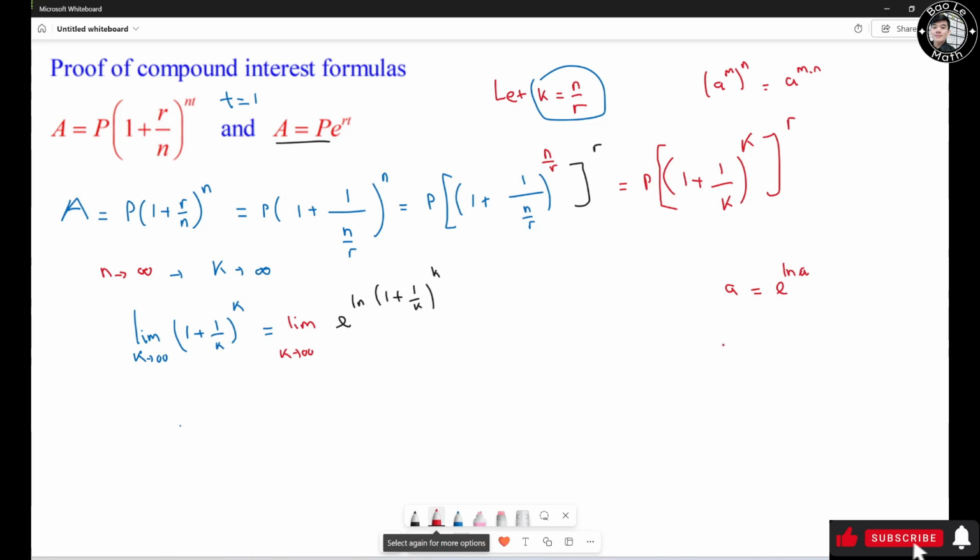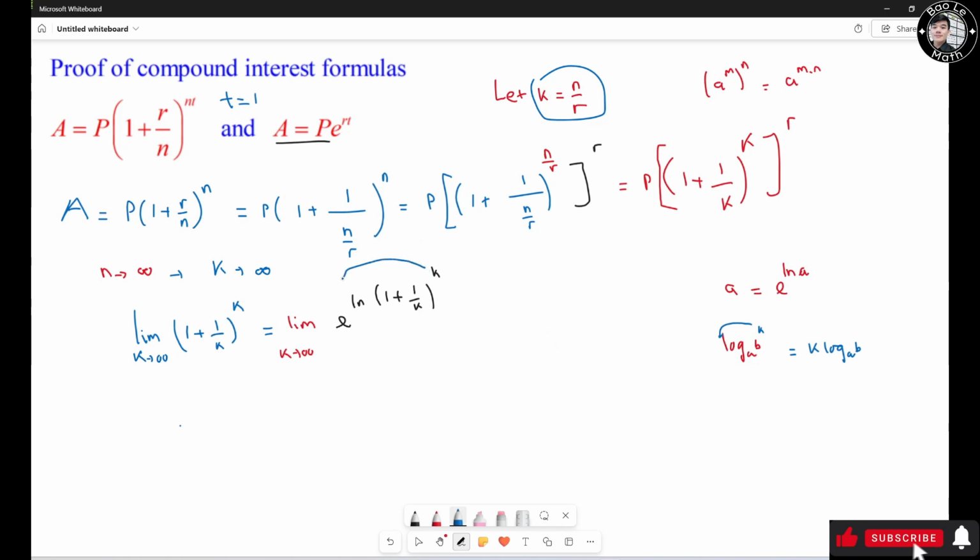Now we know that for log base a of b to the power of k, you can bring k to the front, so it's going to be k times log base a of b, right?